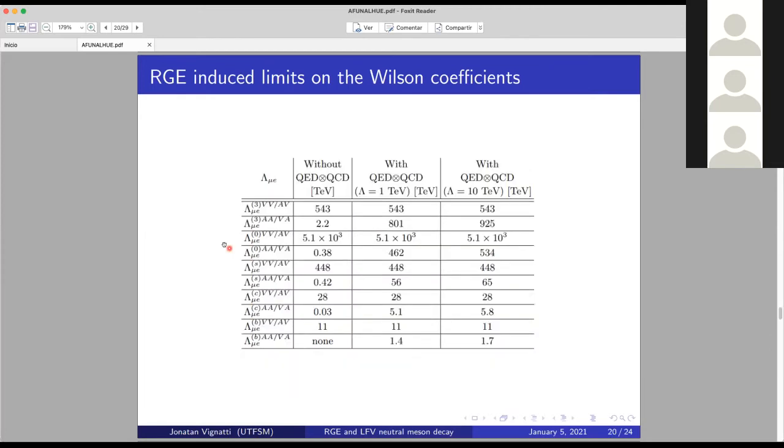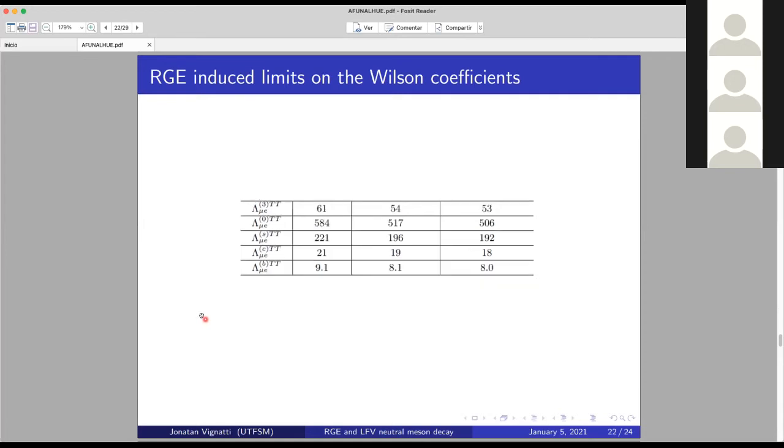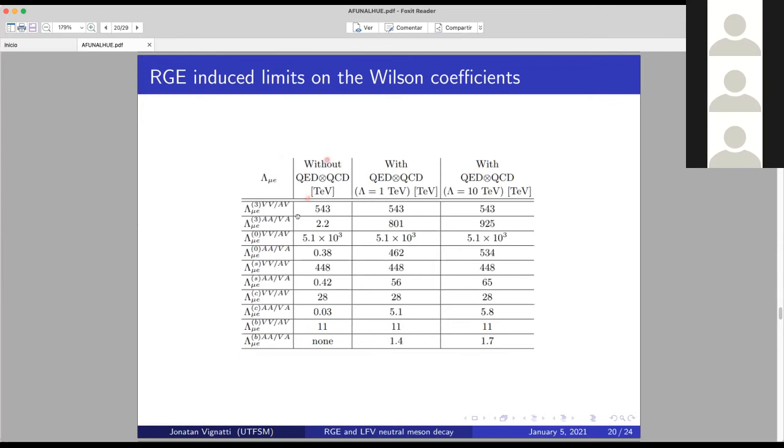This was for the axial vector. This was for the scalar or pseudo-scalar and all the mixings. And in the results we can see something interesting, because this is for tensors. The first column corresponds to without QCD, and the second is with QCD and QED corrections at 1 and 10 electron volt.